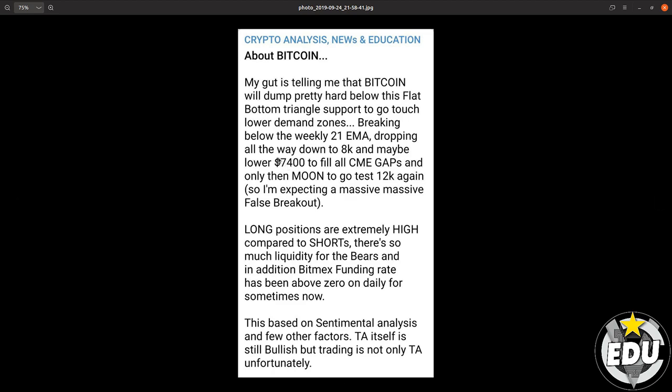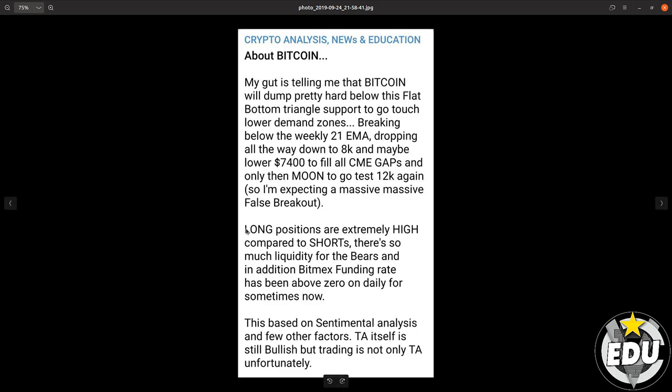Then from 7.4 it can go up to test 9K again, and then we'll see if it is able to recover above resistance. Then we might buy back, but you know, long positions are extremely high compared to short. That was another important thing.